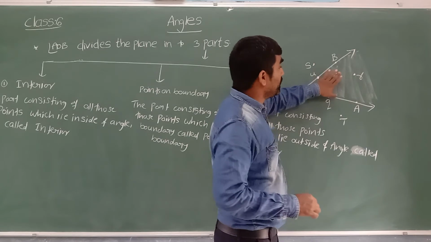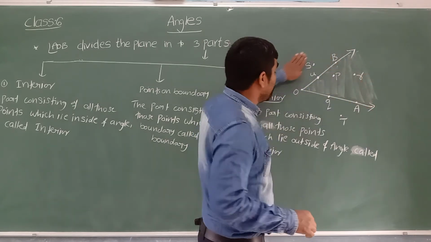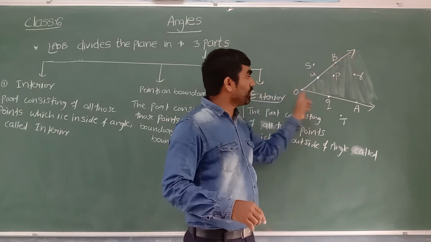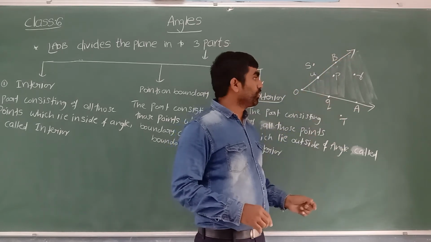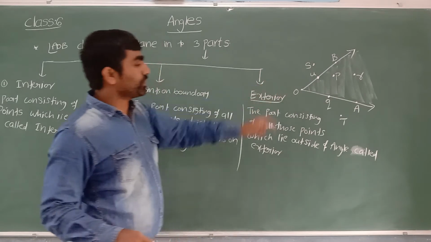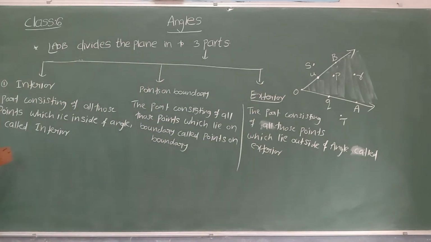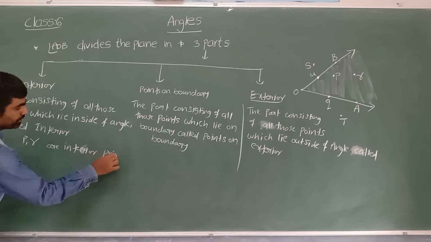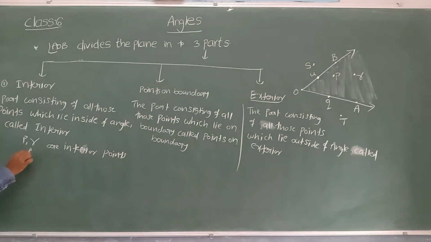Inside points which are there, interior. Outside points which are there, exterior. The points which are on the boundary are called points on boundary. Now from this figure, tell me what points are there inside of the angle? P comma R are the interior points from the adjacent figure.